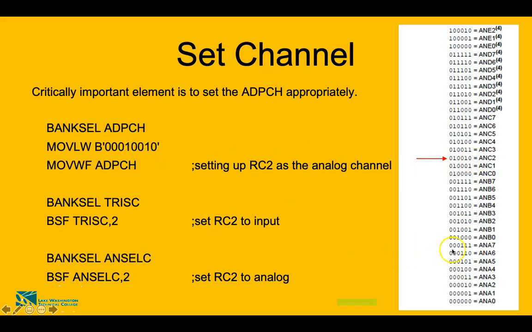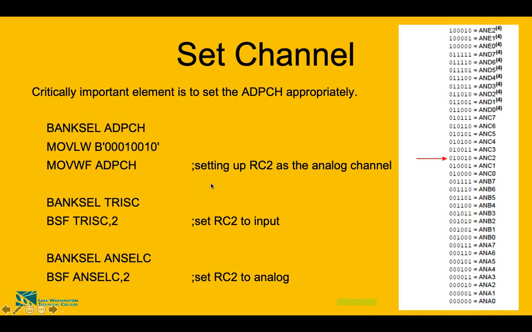So in case you're using any other register bit, for example, if you're using ANA, which is RA4, then you might have to use this one, 000100. And in case you're using a register from port B, let's say you're using ANB2, then your bit pattern is going to be 001010, and you'll be using that here.